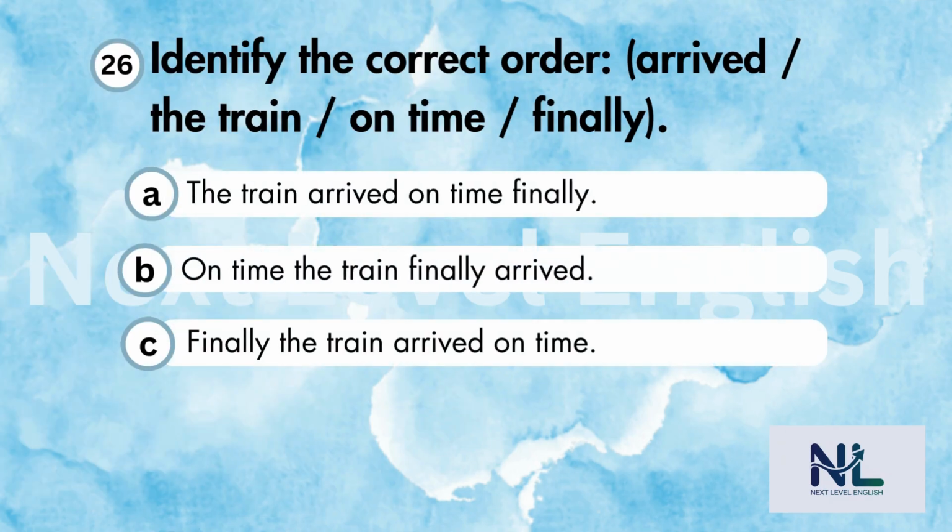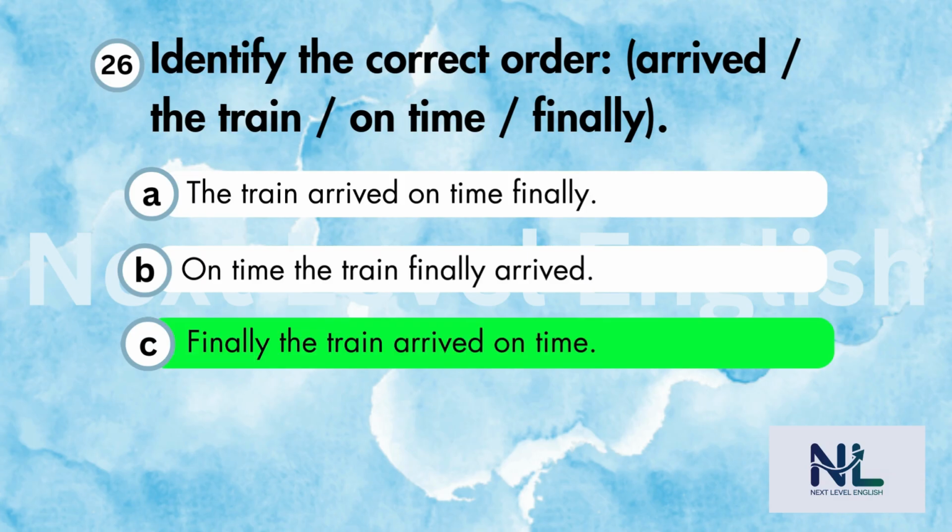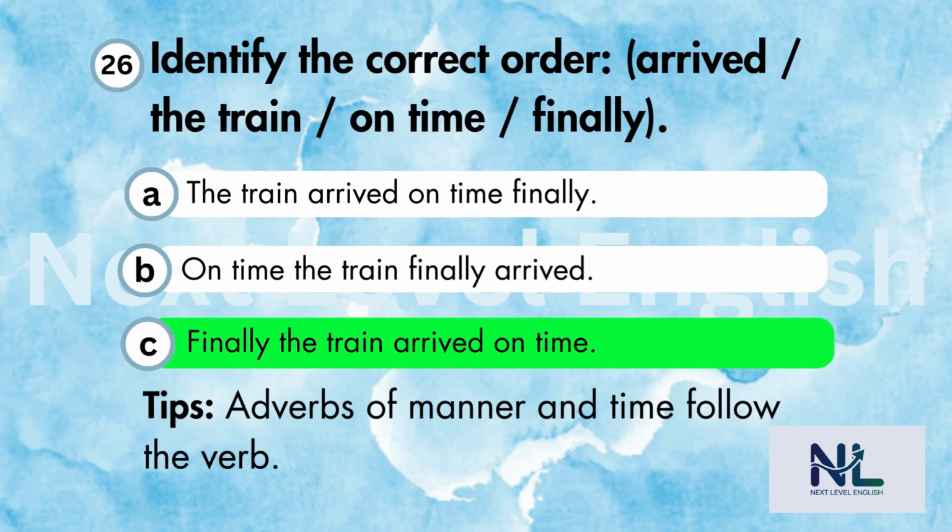Identify the correct order: arrived, the train, on time, finally. Finally, the train arrived on time. Tips: adverbs of manner and time follow the verb.